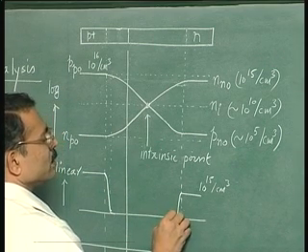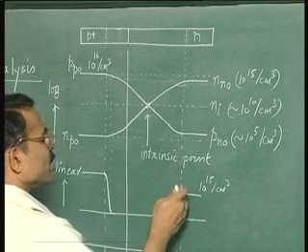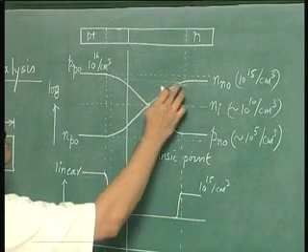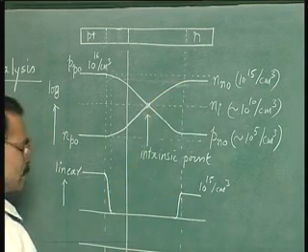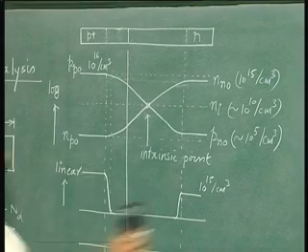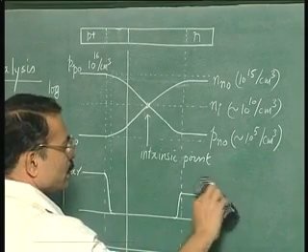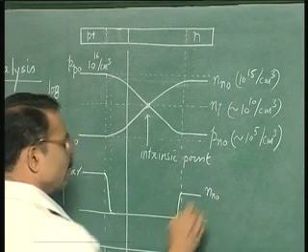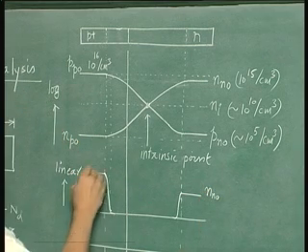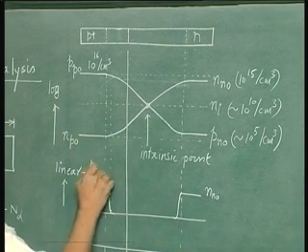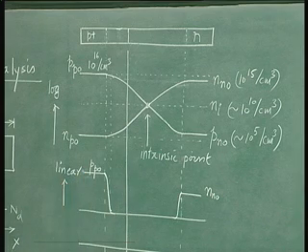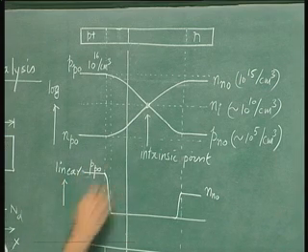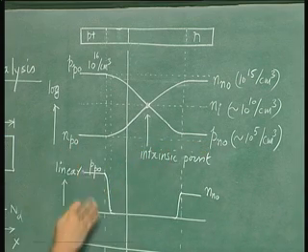Okay? So on a linear scale, the variation is much more rapid than on a log scale. I will remove this number to avoid confusion, and this is n0, and similarly on this side this is p0. We cannot show Pn0 and Np0 at all on a linear scale.